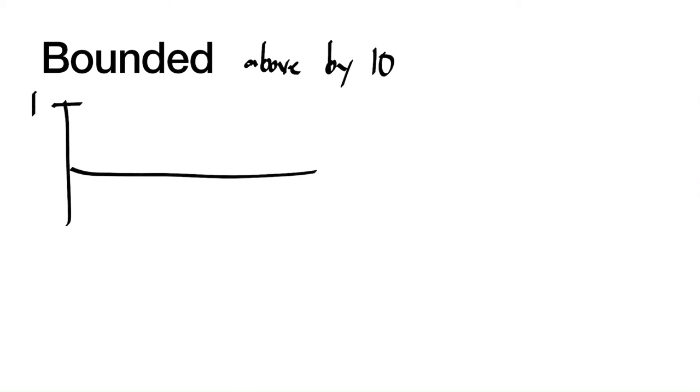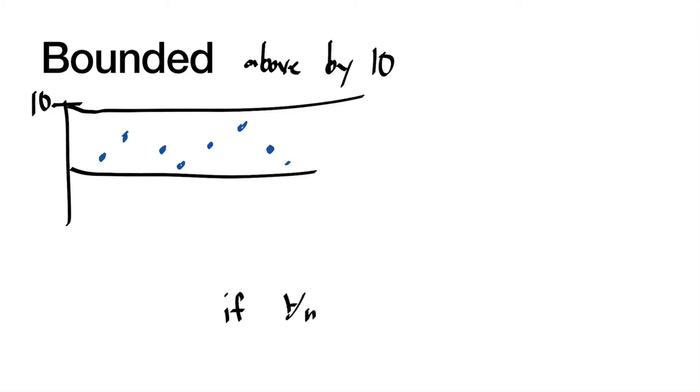What that means is that we've got 10 here, and then our sequence values all stay below that value of 10. So our definition might look something like: our sequence is bounded above by 10 if for all n in the natural numbers, a sub n is less than 10.